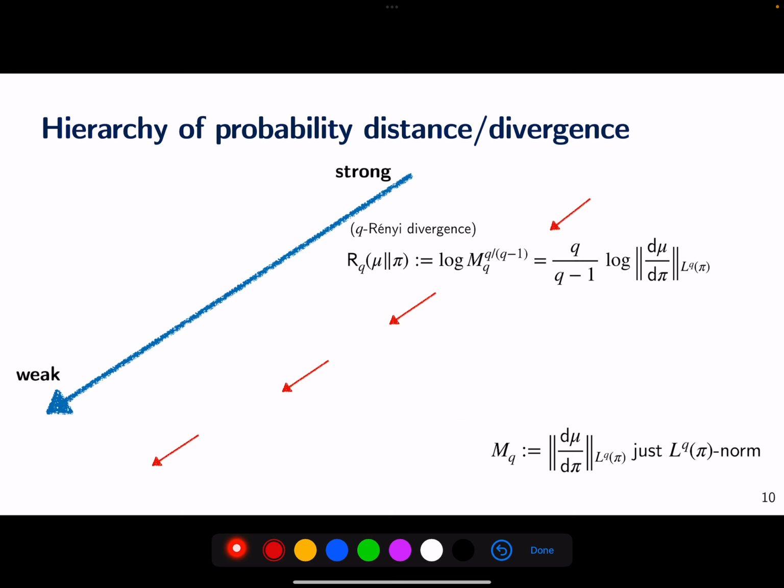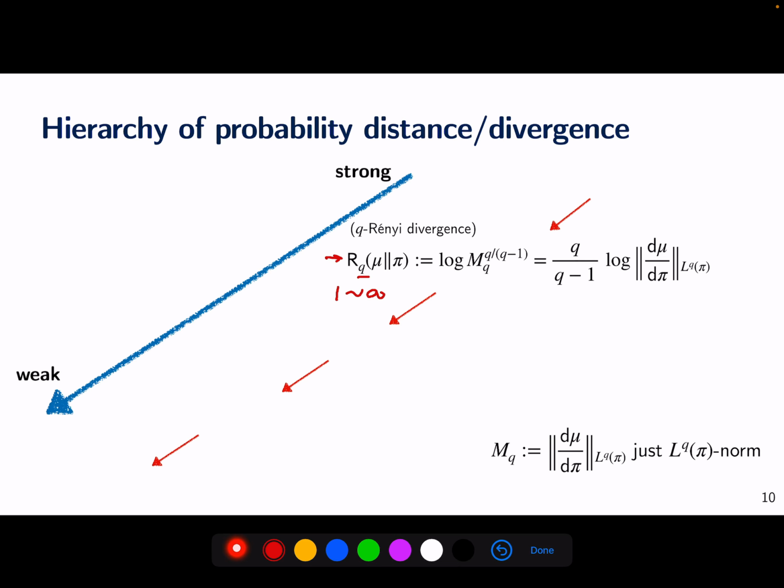Okay, and then before talking about the main guarantees of this algorithm, I'd like to recall some important hierarchy of probability divergences and distances. To begin with, let me talk about Rényi-q divergence. Here q is a Rényi parameter, which ranges from 1 to infinity.